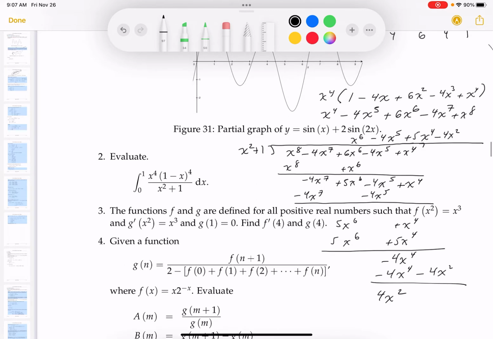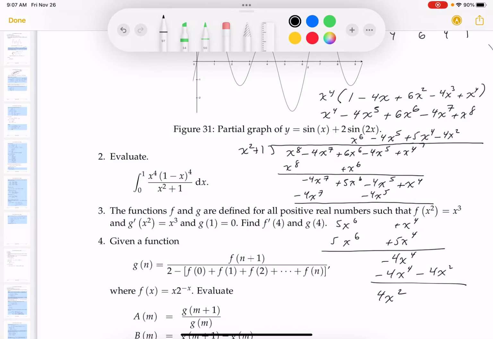I'm just going to look at my division again, because it seems like it's going on a pretty long time here. So let's see if I wrote down everything I need to write down. 1 minus plus minus plus, x^4 minus 4x^5, 6x^6 minus 4x^7, x^8. Let's see if I did the x^6 right. I'm taking a look at my work, that's all I'm doing, make sure I got everything right.